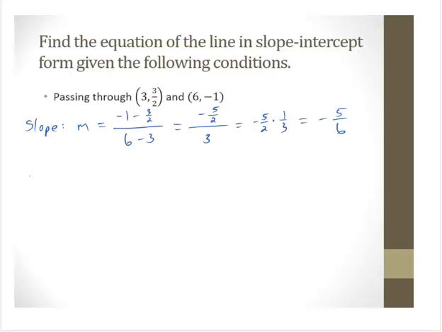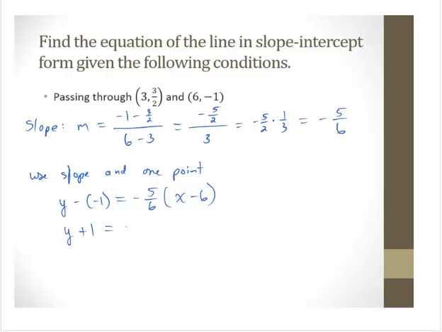All right, now I'll use the slope and a point. I'm going to use the second point in this case because I think the arithmetic will be a little bit easier. All right, so let's try this out. So then I would have y minus -1 is equal to -5/6 by x minus 6.